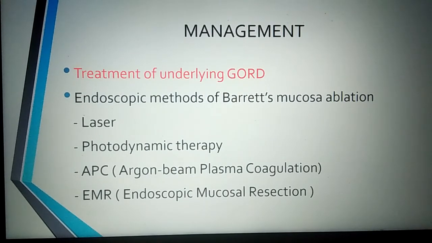Argon beam plasma coagulation is very frequently used for this ablation. And then endoscopic mucosal resection is an endoscopic technique with the help of which we can remove the Barrett's mucosa, the suspected mucosa that has columnar epithelium.